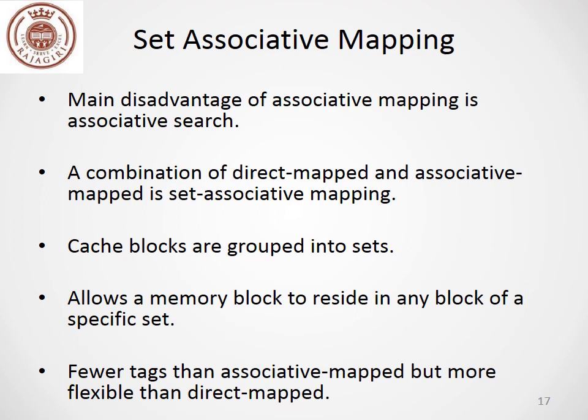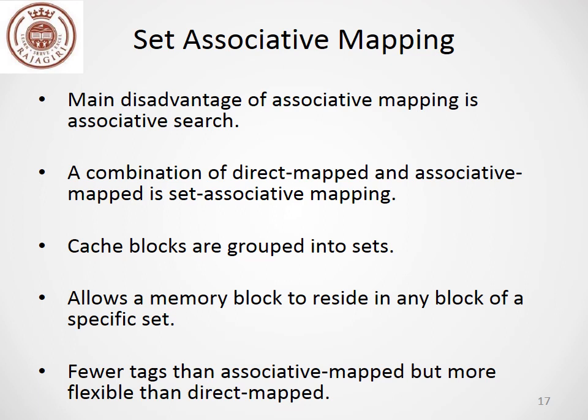If I have a set of size k, then that set will contain k blocks. When a memory block comes from the main memory into the cache, the incoming block is mapped into a particular set, and inside that set it can go to any of the freely available blocks. So it is combining the concepts of direct mapping as well as associative mapping.